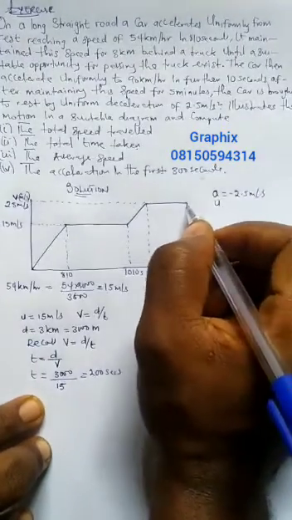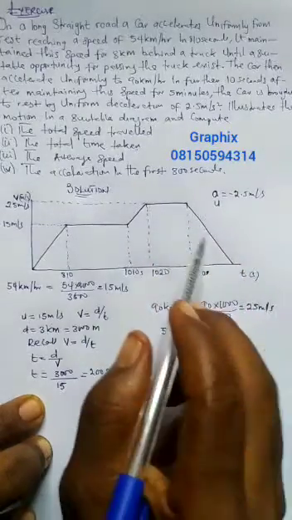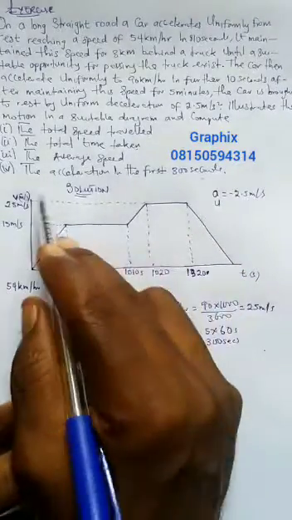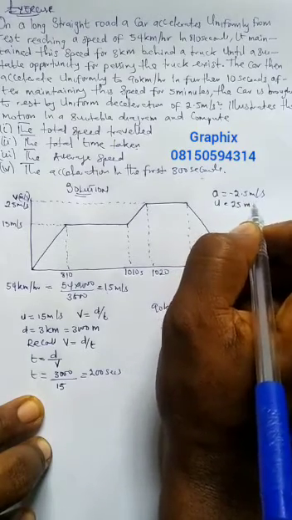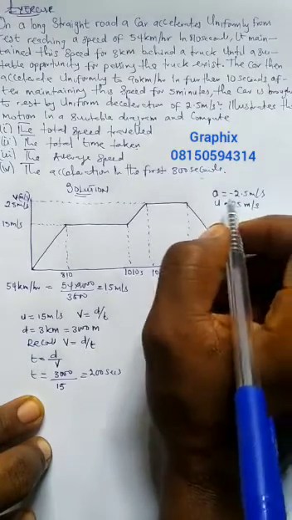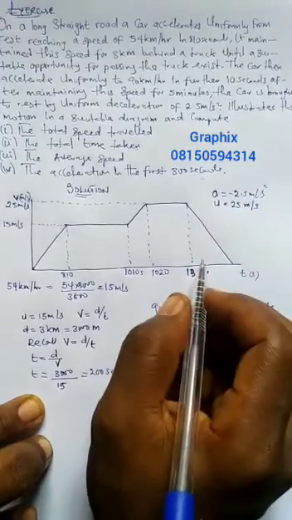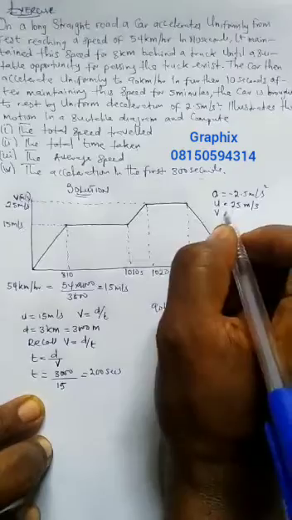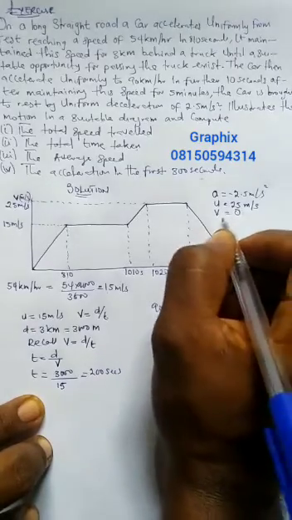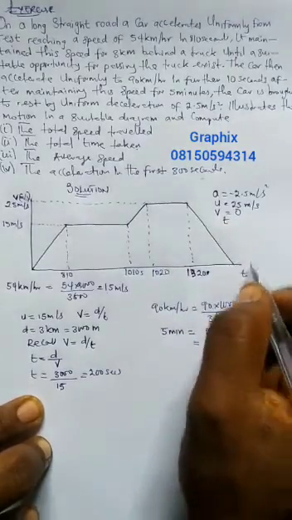The initial velocity the car was maintaining was 25 meters per second. Then the final velocity, since it's coming to rest, is 0. Now we're looking for the time at which it comes to rest.